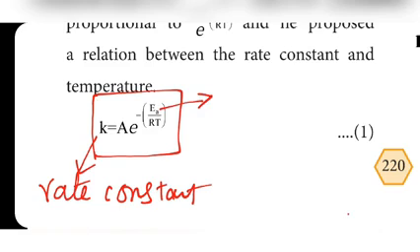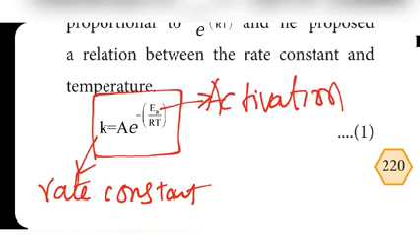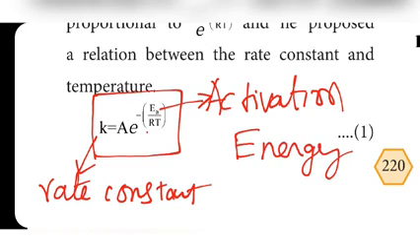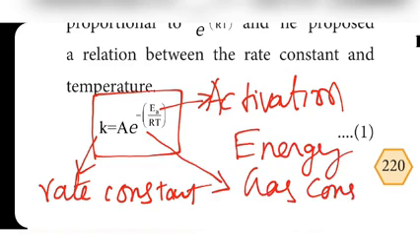EA means what? Activation energy. R means gas constant. T means temperature.